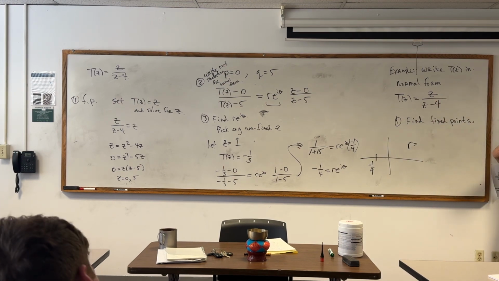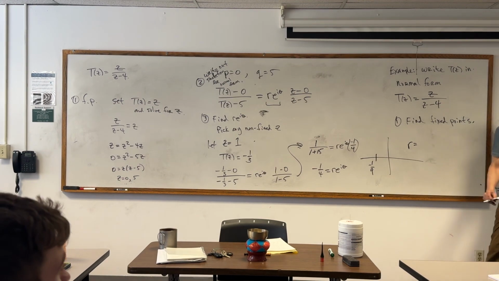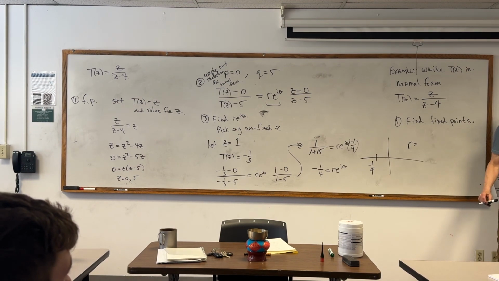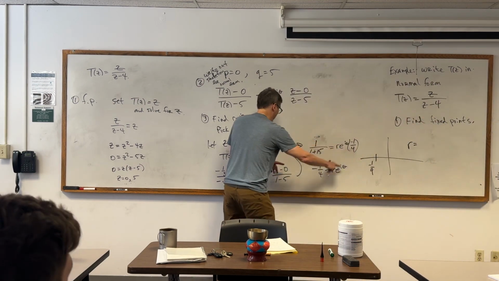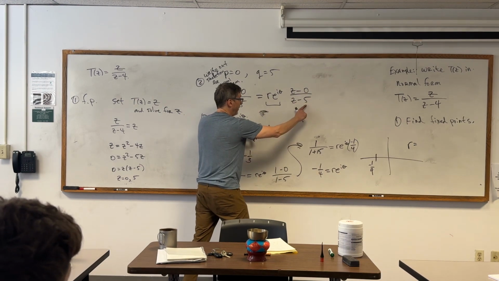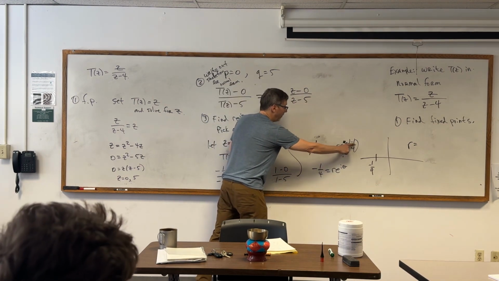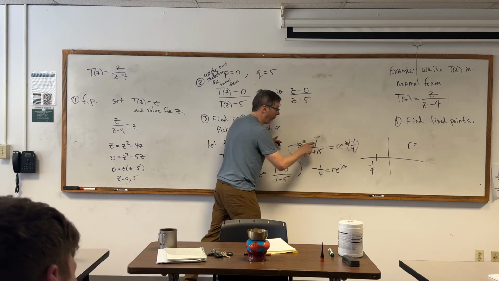What's r? What's theta? What is r, by the way? Oh yeah. Why didn't we just get rid of that 1/16 on the left-hand side? I multiplied both sides by this, that z minus 0 over z minus 5 became -1/4, and so I multiplied both sides by -4.